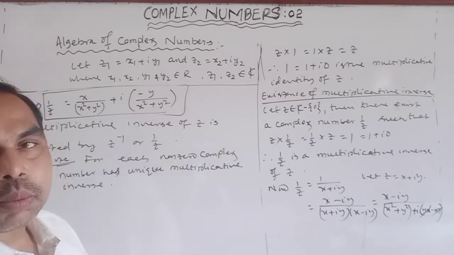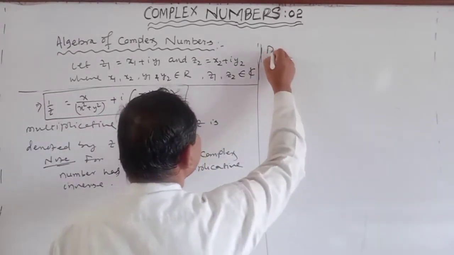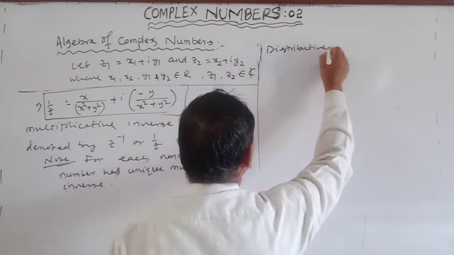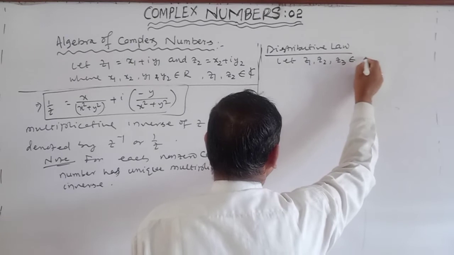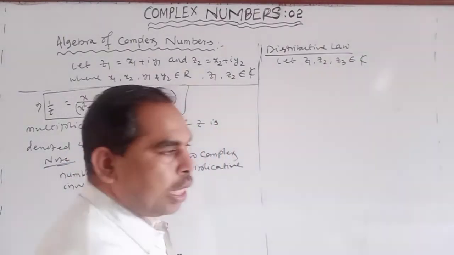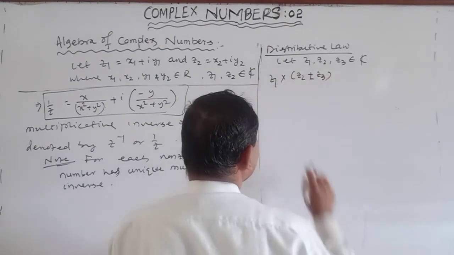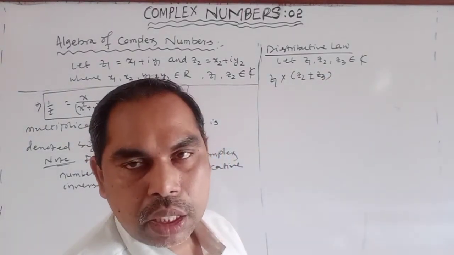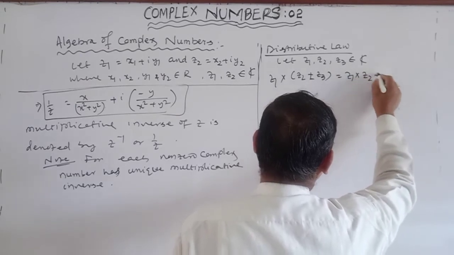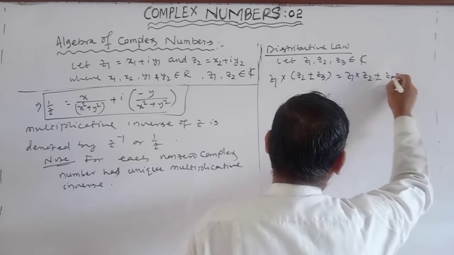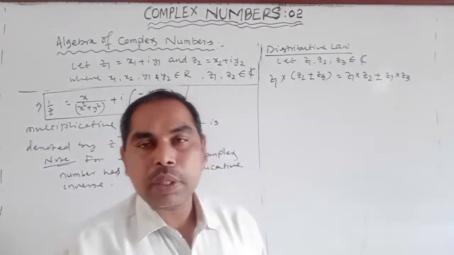Next, distributive law. Let z1, z2, z3 belong to the set of complex numbers C. Then z1 into (z2 plus or minus z3), that is multiplication over addition or subtraction, is equal to z1 into z2 plus or minus z1 into z3.